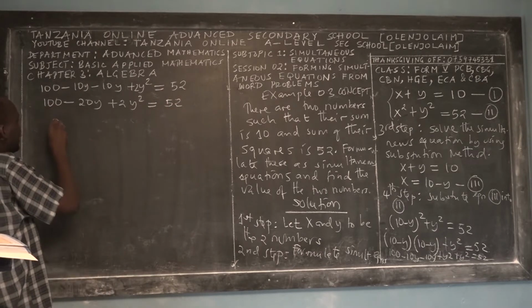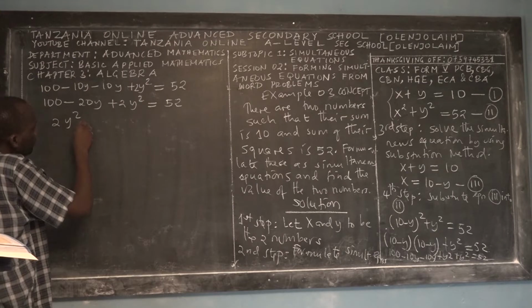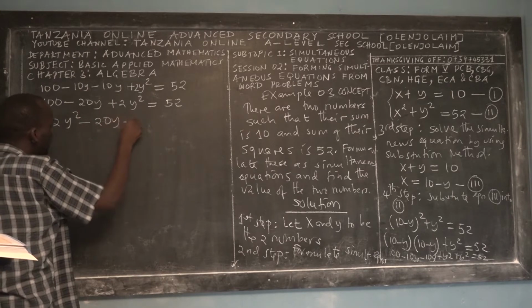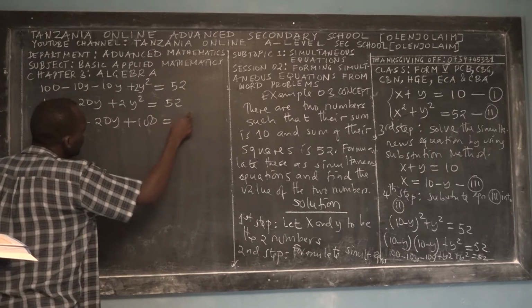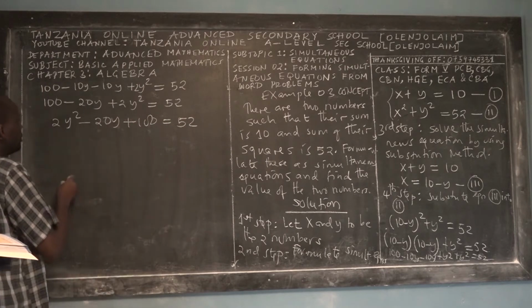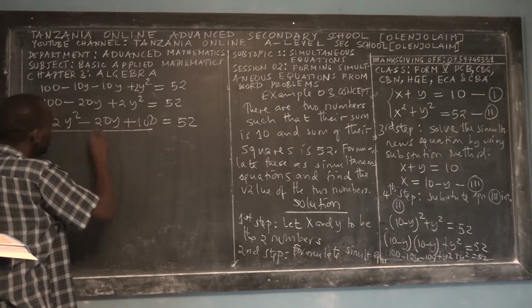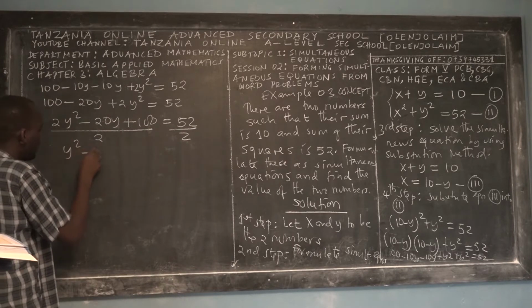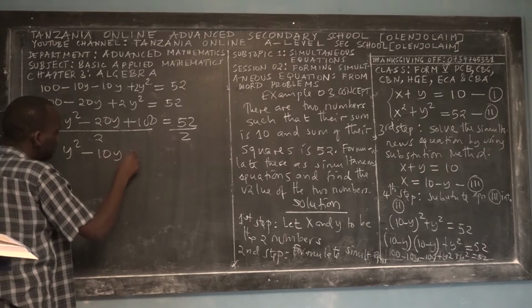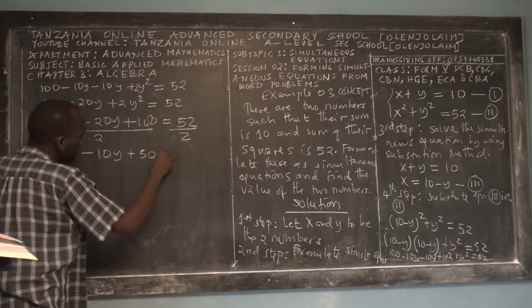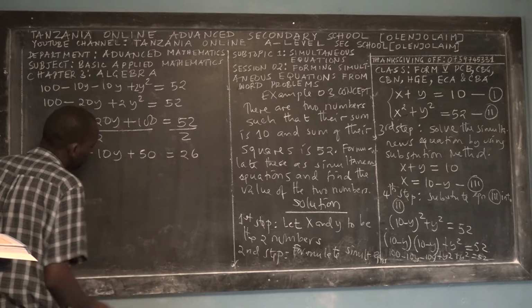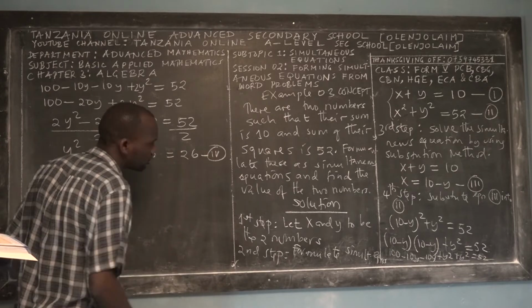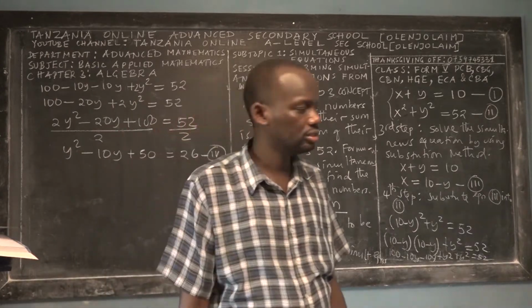Rearrange, because this is a quadratic equation: 2y squared minus 20y plus 100 is equal to 52. Then I can divide both sides by 2, so I have y squared minus 10y plus 50 equal to 26. This now will be equation 4 because it's already a quadratic equation.